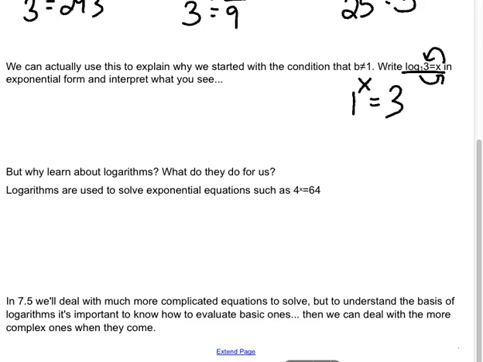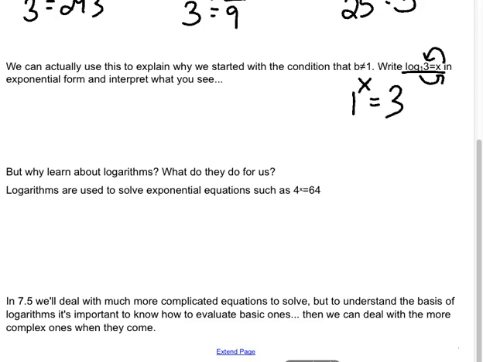So why logarithms? That's probably one of the biggest questions of math. Why are we learning this? What can it do for me? Well, we learn about logarithms so eventually we can solve equations like this. Of course, they're going to get more complicated than that, but let's talk about the very basics first. A logarithm can break that exponent free from its base.